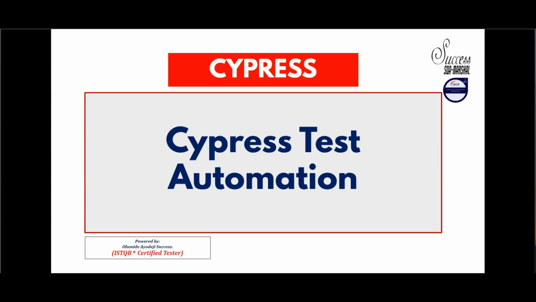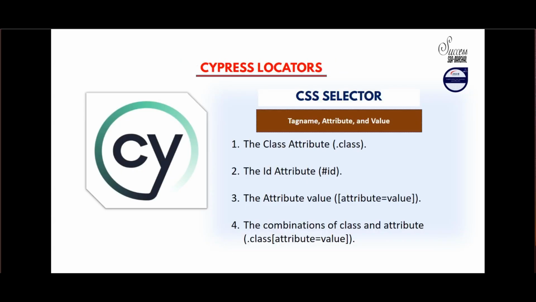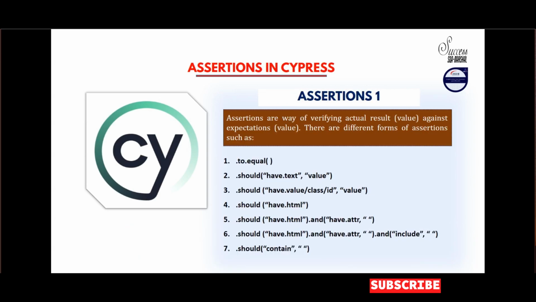Alright, so today we're going to be looking at Cypress test automation. In the previous video, we have done how to locate web elements in Cypress. There are other videos that have been done on Cypress, but today we're going to look at assertions in Cypress. So, what are assertions in Cypress? It's going to be in two parts, part 1 and part 2.